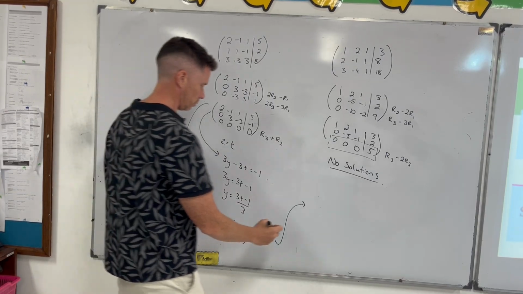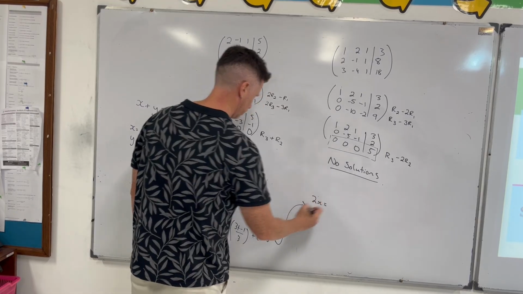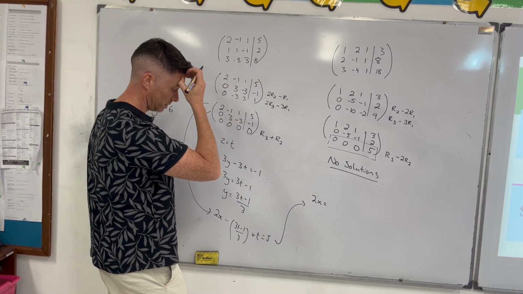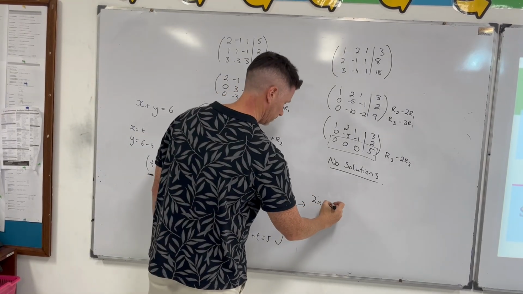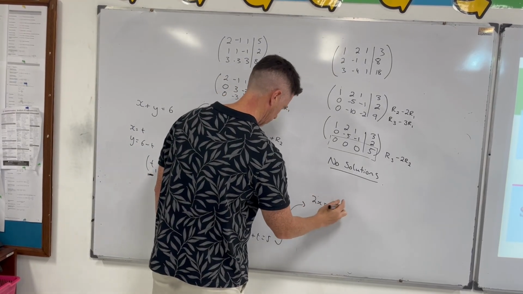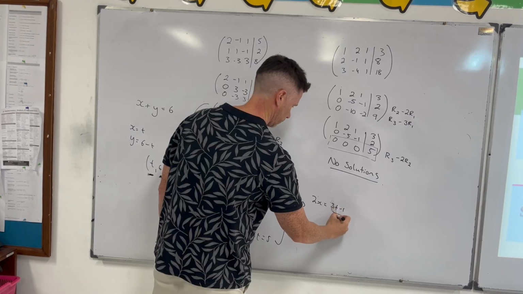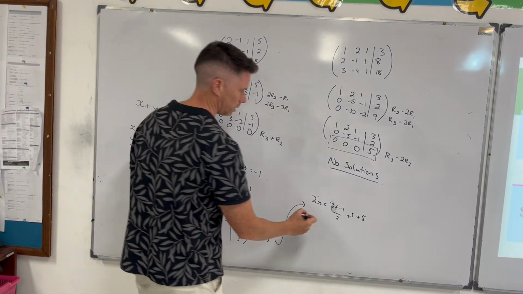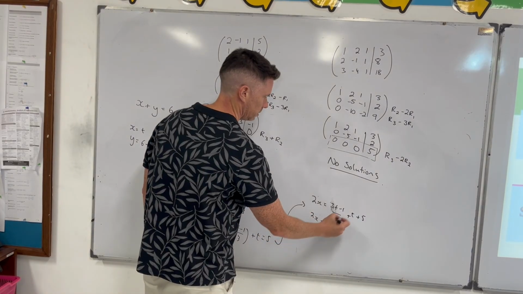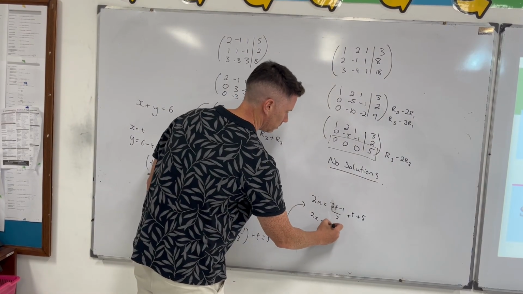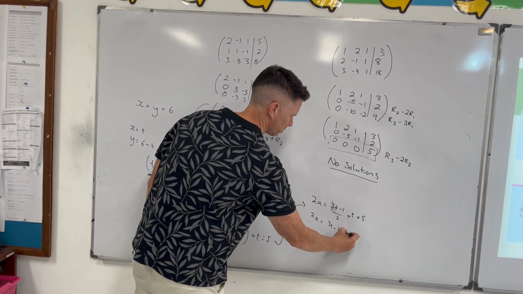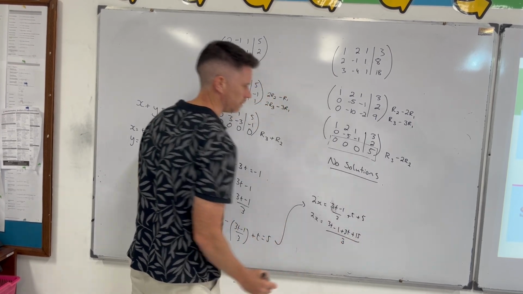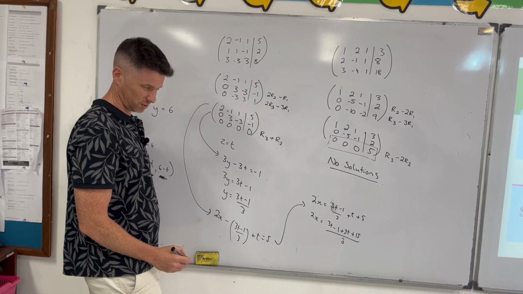Haven't finished yet, so I need to say 2x is equal to, let's have everything on this side so it's a little bit easier. It's a bit annoying. That's 3t minus 1 over 3 plus t plus 5. Maybe a common denominator on the right-hand side here will help me. 3t minus 1 plus 3t plus 15, if I put them all over 3, does that follow?